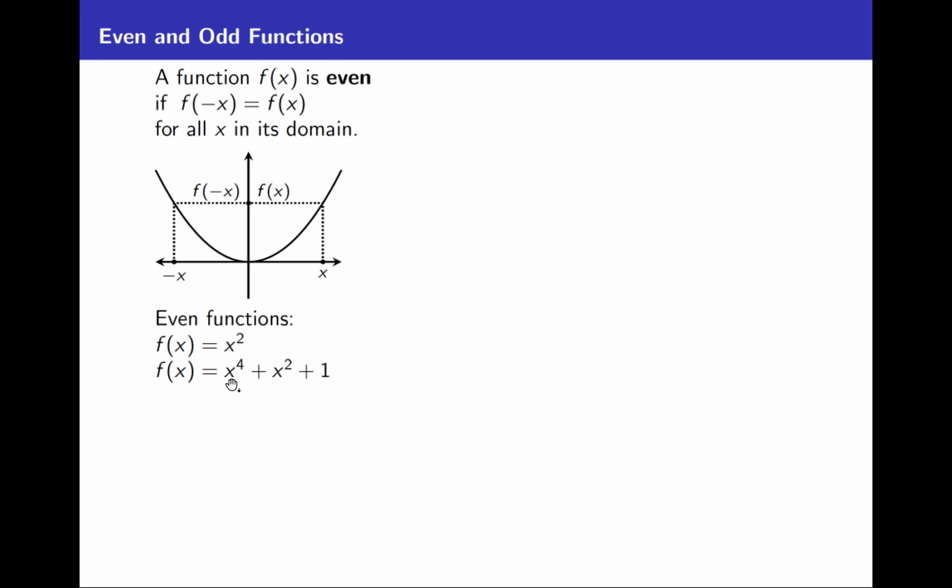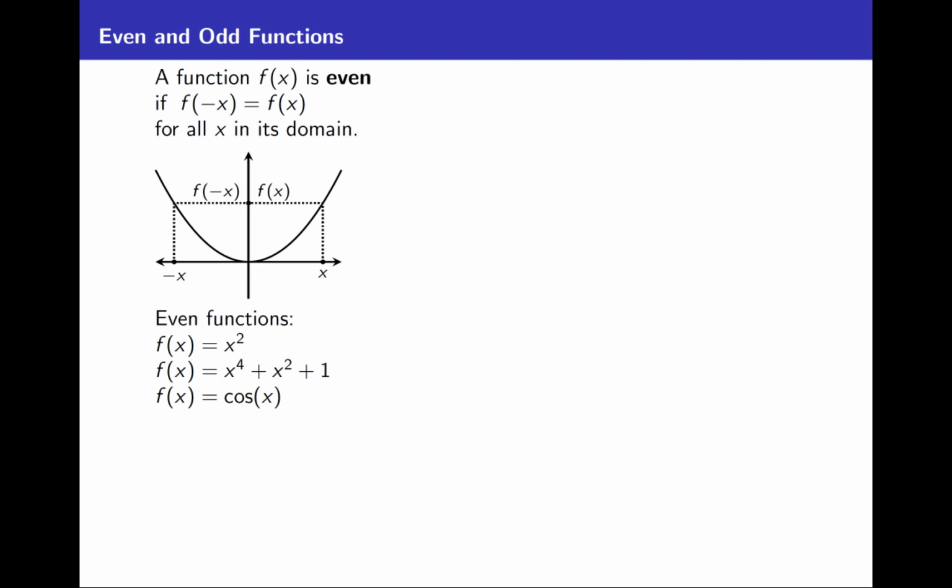Functions that are polynomials, sums of even powers, are even functions, as you'll recall. F of x equals cosine of x is an even function. Cosine of x is symmetric with respect to the y-axis. Cosine of minus x equals cosine of x. So cosine of x is an even function.